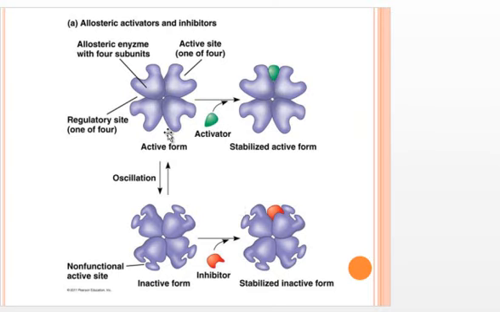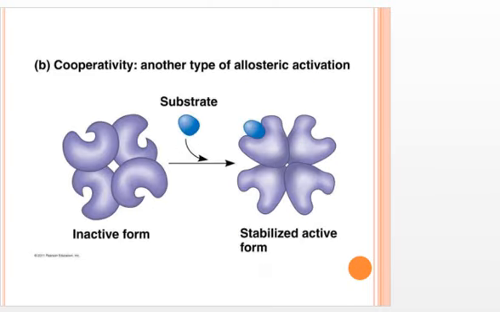Now, you can remove this, and then when this is removed, then there's the inactive form, and that's not going to function. The inhibitor can come in and make it not function as well. So this is a stabilized inactive form. So this is stabilized active form, stabilized inactive form.